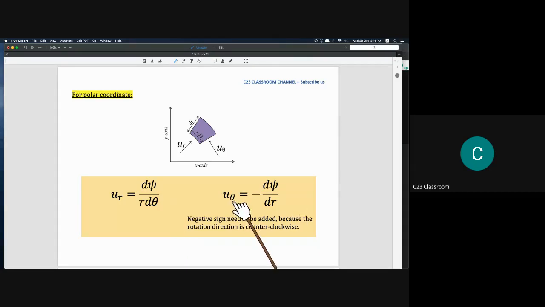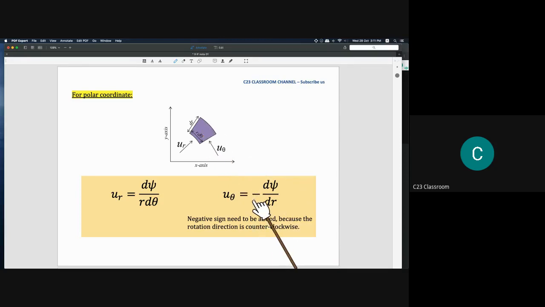And u theta is the velocity for this direction. Because it rotates counterclockwise, we write it as negative d psi over dr. So dr here is the length of this one, times 1, the width of this particle.